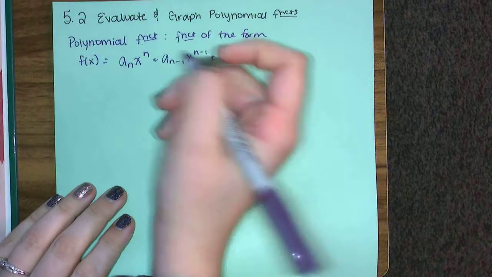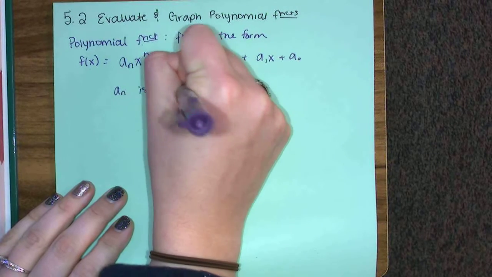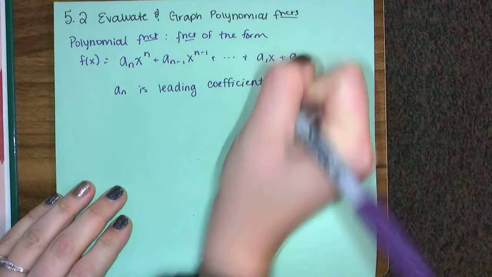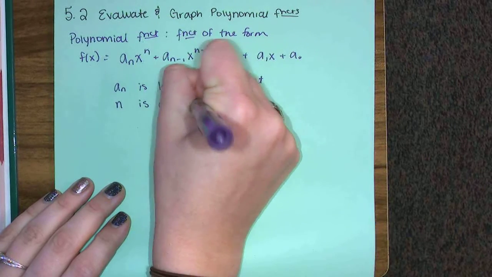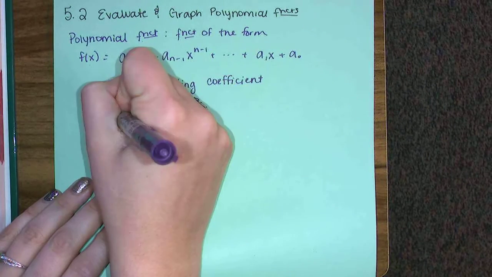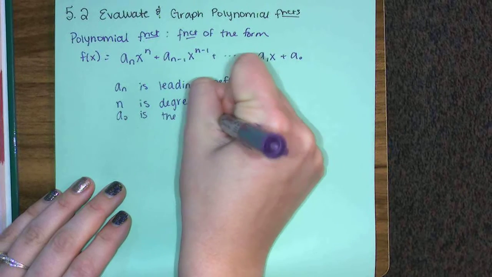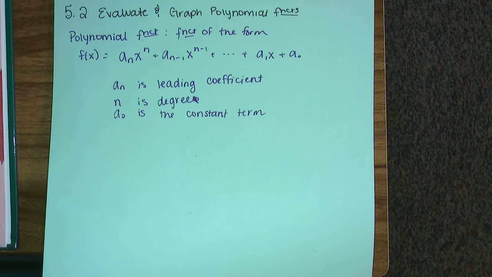And in this we would say that a sub n is the leading coefficient, n is the degree, and a sub 0 is the constant term. Okay, so the a's are just numbers. The x's are obviously the variable raised to a power, n being the largest power that it could possibly be.